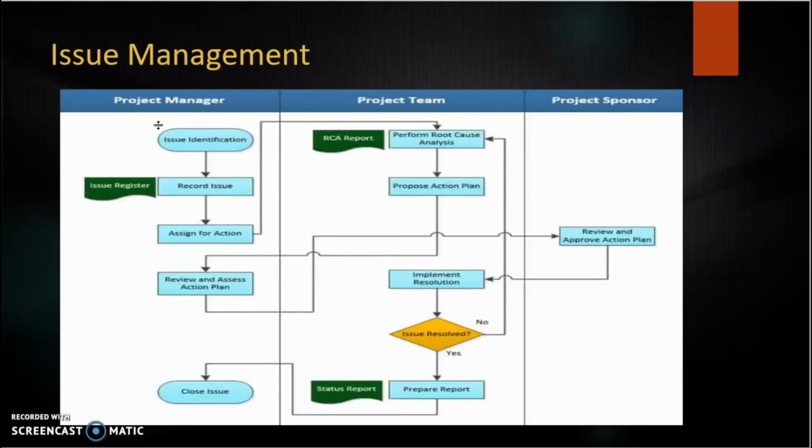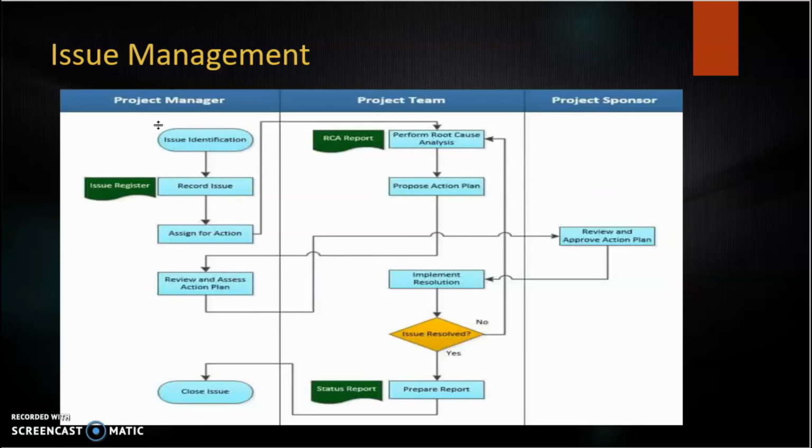Once the issue is identified, it will be registered in the issue register and proper action needs to be assigned. Then we review and assess the action plan, then review and approve the action plan. Once it is approved, we'll implement the solution.